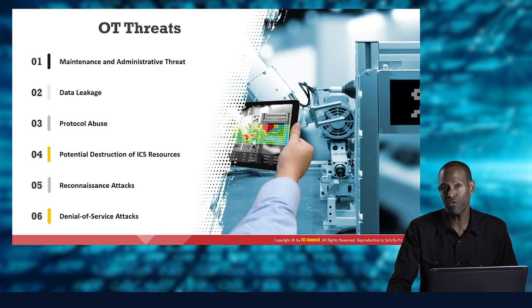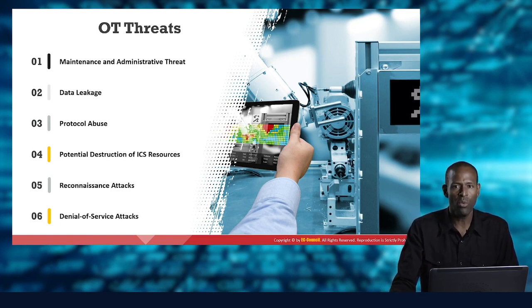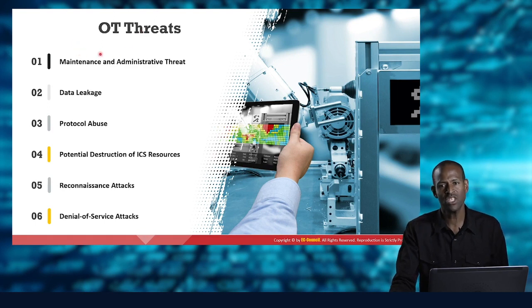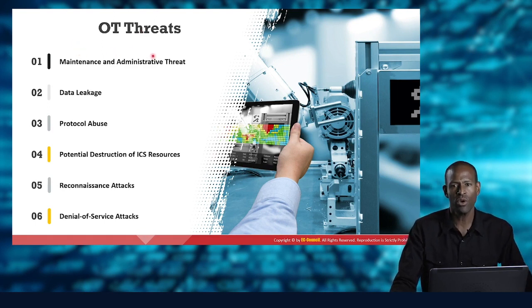Now let's look at some of the threats. With all those challenges, that means we have threats that can be brought to bear on OT. Number one is maintenance and administrative threats. In other words, we are not maintaining or administering these industrial systems because we don't have the ability to, or nobody is looking into it.